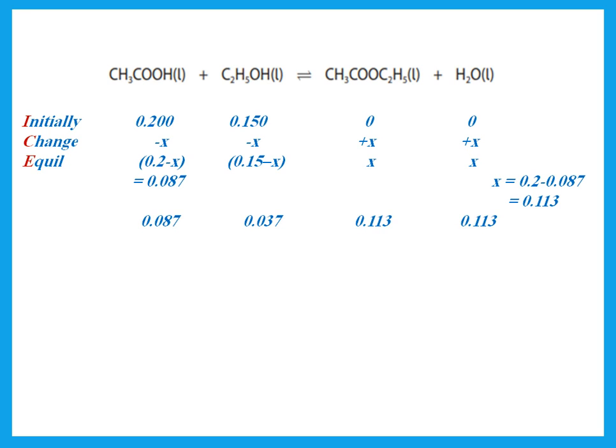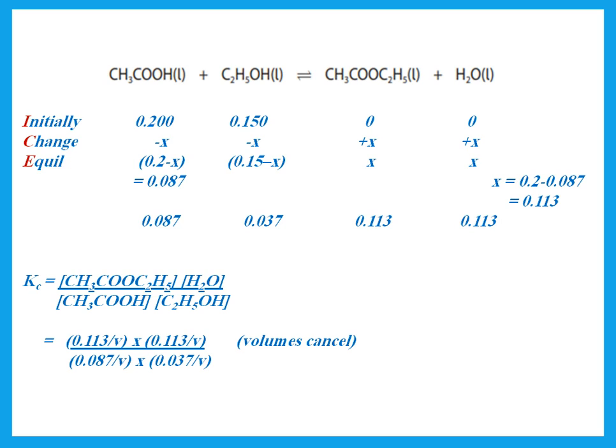And that means that at equilibrium, I have this value for ethanoic acid, this value for ethanol, X of each of the products, and I can see from the expression for Kc, concentration of products over concentration of reactants, I put in, remember that the Kc is a value of concentrations, not number of moles.